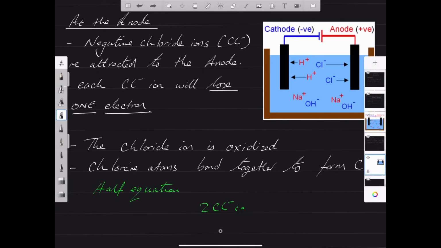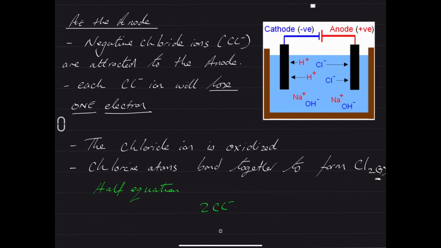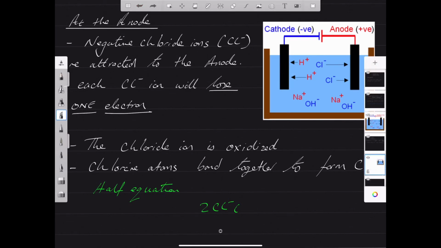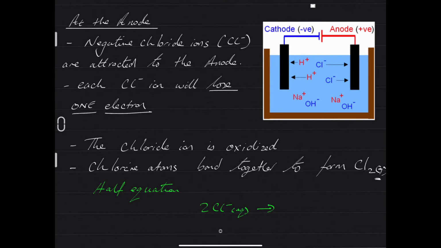Let's make that a bit clearer. 2Cl minus aqueous goes to Cl2, so chlorine gas, plus 2e minus.